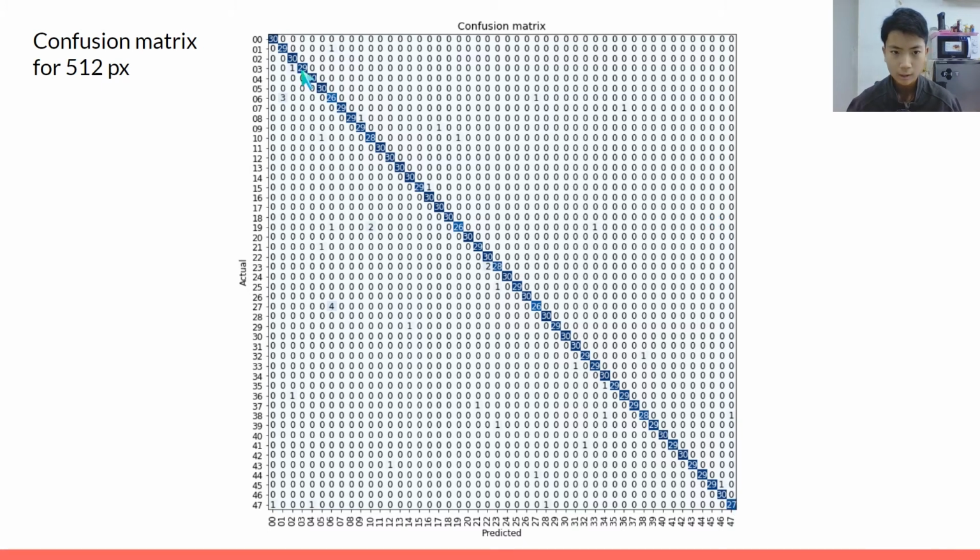All dark colors, mostly 30 or 29 down to 25. I don't even think there's a 25 in here. Yeah, there's no 25 because it's so accurate. So there's only 26 to 30, and that's it for my confusion matrix, which is actually pretty accurate.